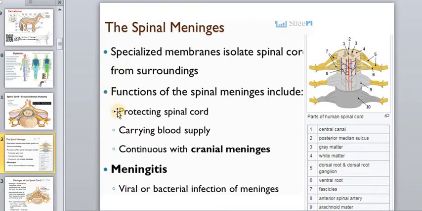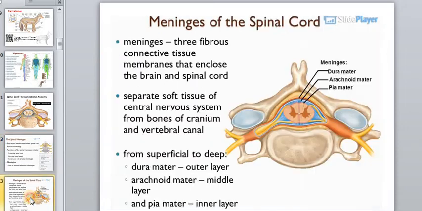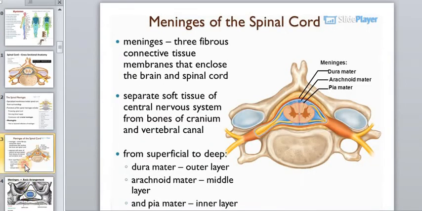The functions of the spinal meninges include protecting the spinal cord, carrying blood supply, and constituting, together with the cranial meninges, the meninges. We have some meninges here.